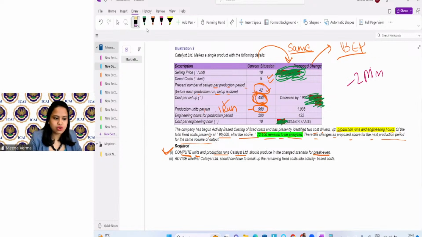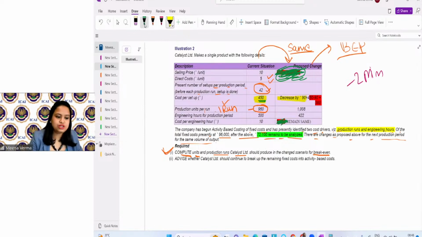So what is given? Cost per setup is decreased by 90. This is given. So earlier your setup cost was 450. Now the setup cost is reduced by 90. This is given in the question.